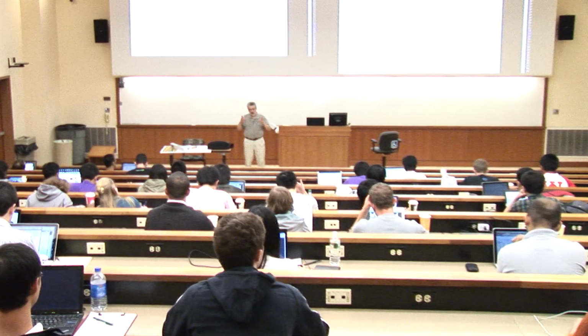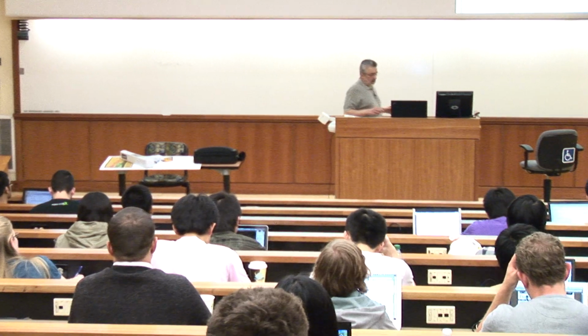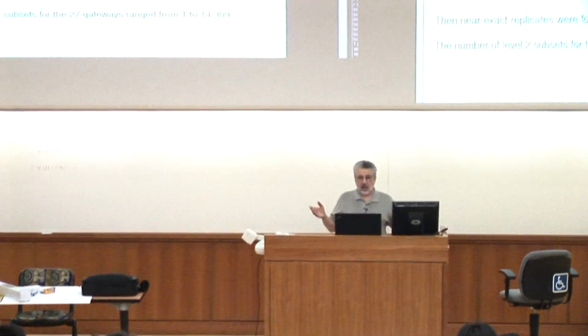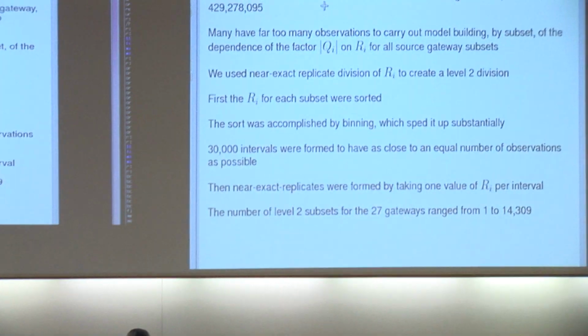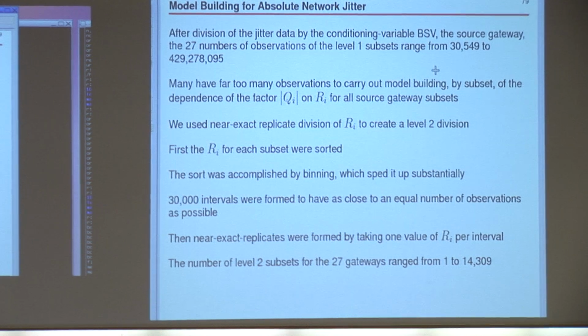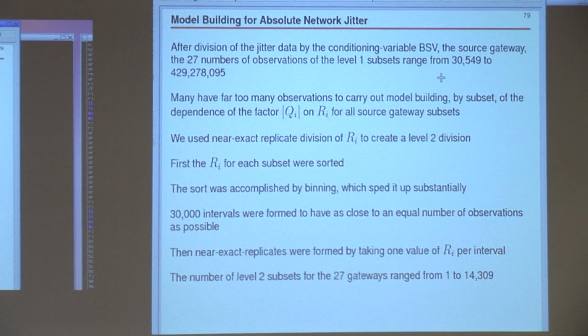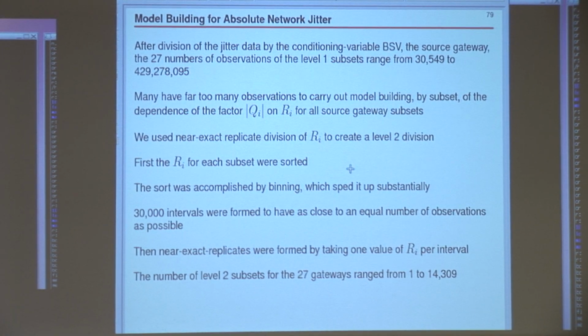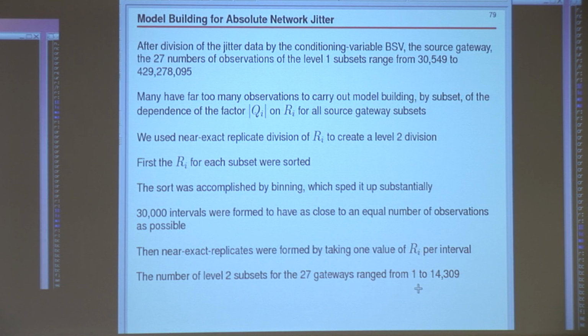And we set it so that there would be about 30,000 measurements per subset. How many subsets? On the gateways, it went from one subset to 14,000, with the near exact replicates.